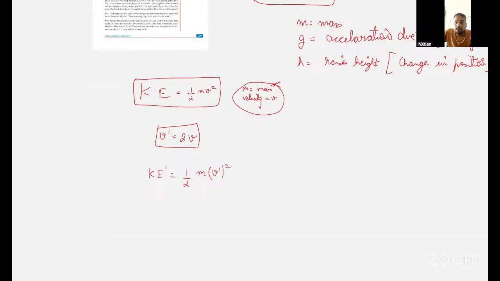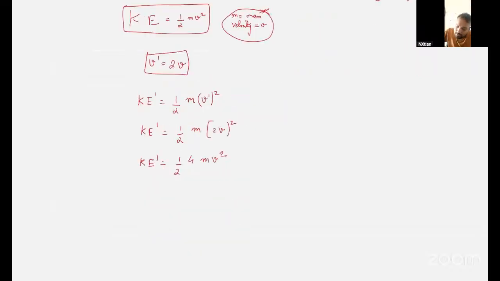Are you getting this? Now instead of v dash, can I write 2v because both are equal? So KE dash is equal to half into m into 2v square. So if I write like this, KE dash is equal to half into 4 into mv square.